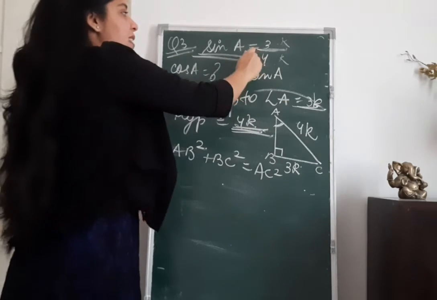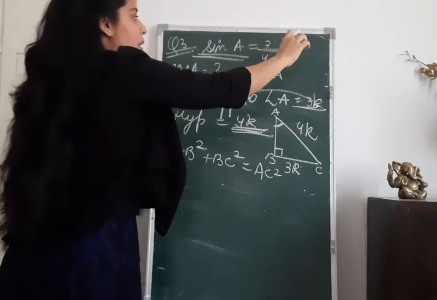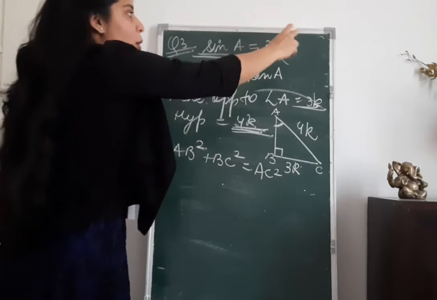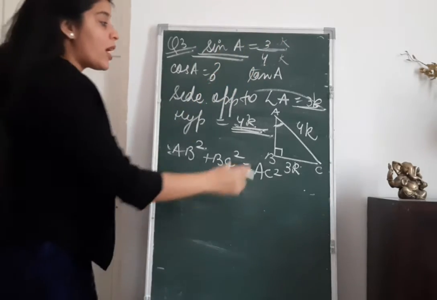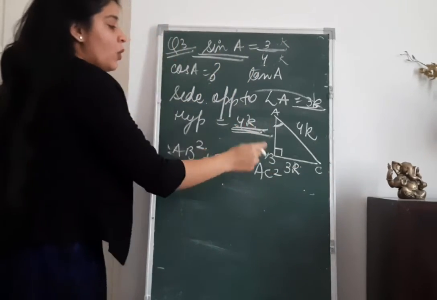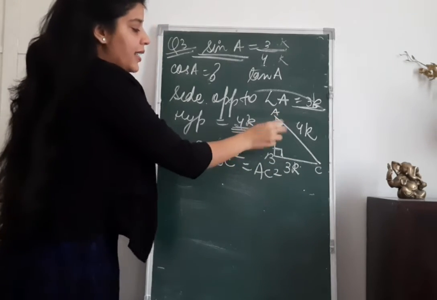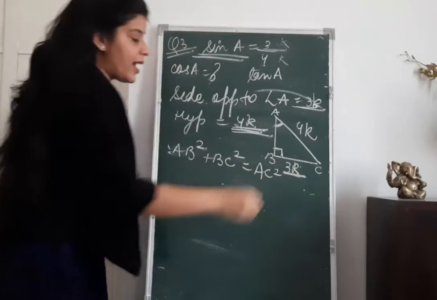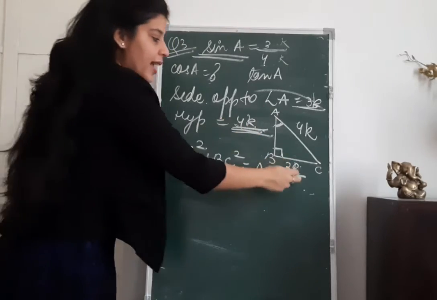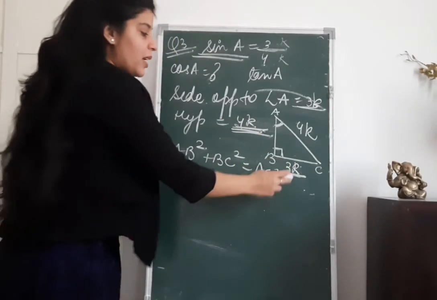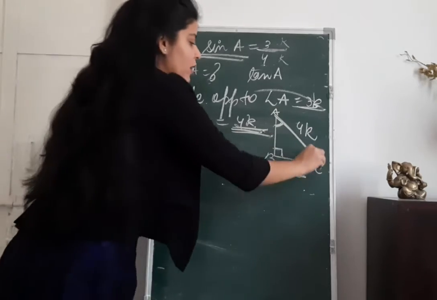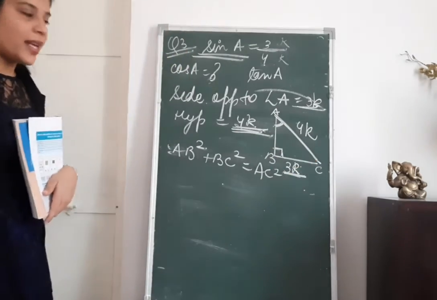And that is how I have taken, using the formula, sine A is equal to side opposite to angle A upon hypotenuse. So I assume there is a triangle which is right angled at B, and the side opposite to angle A in that triangle will be equal to 3k while hypotenuse will be equal to 4k.